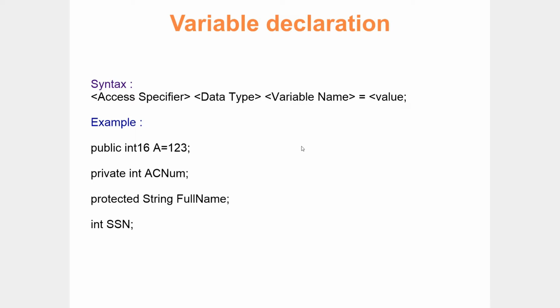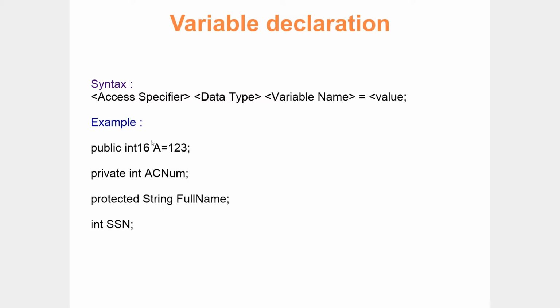So let's see some examples. Access specifiers: as I said, we have different types: private, protected, internal, protected internal, and public. You should tell the system whether it is private, public, or protected. In my scenario, I want this data to be accessible to each and every class, each and every library.